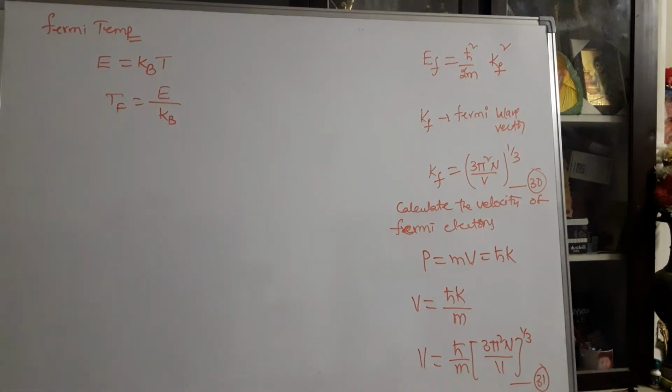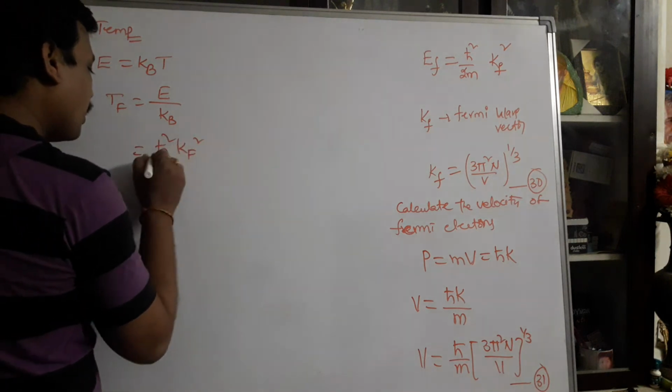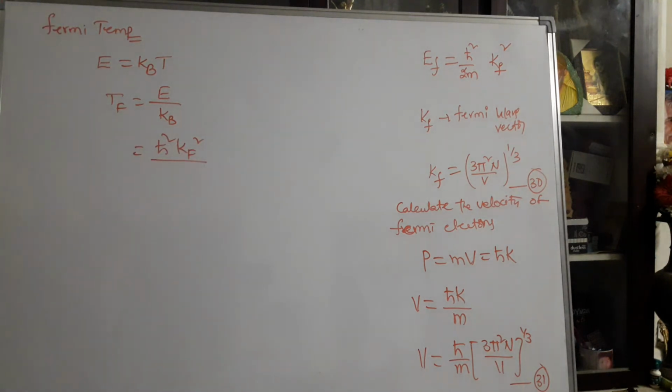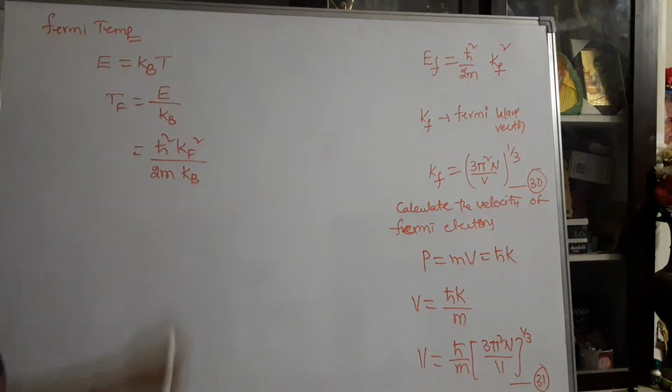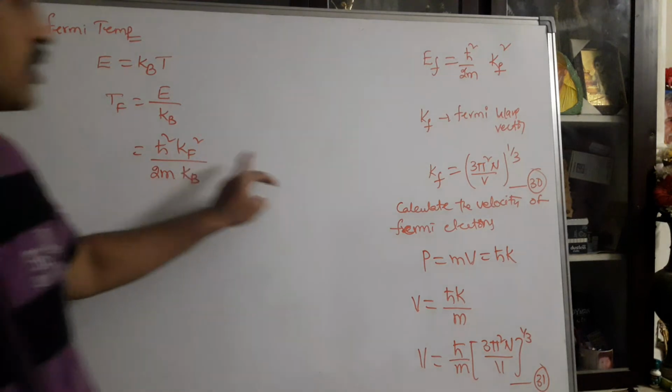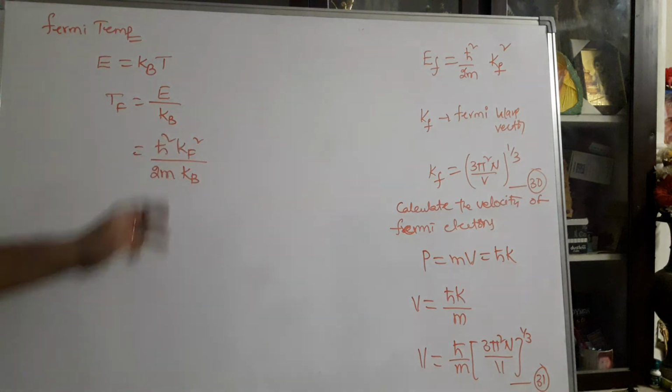You get ħ²k_F²/2m into k_B. k_B is nothing but Boltzmann's constant. So T_F is equal to E_F by k_B. So k_F squared, everyone knows k_F. You can calculate the k_F squared and substitute in this equation.